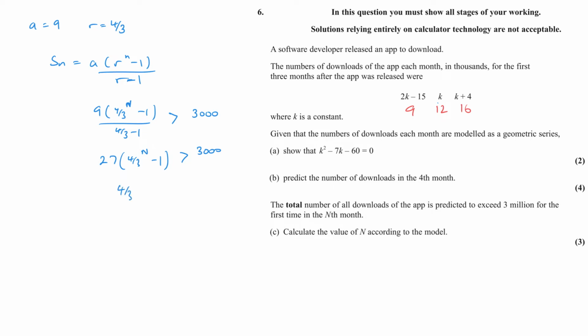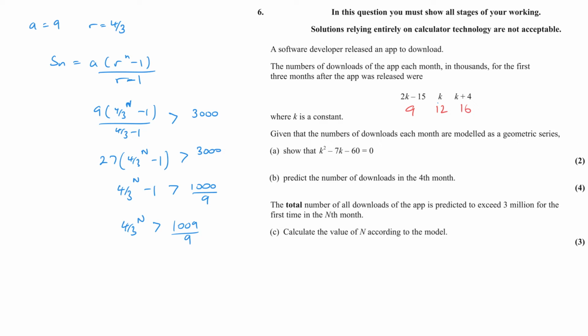So we get (4/3) to the power n minus 1 greater than 1,000 over 9. Or this could be written as 1000 over 9.